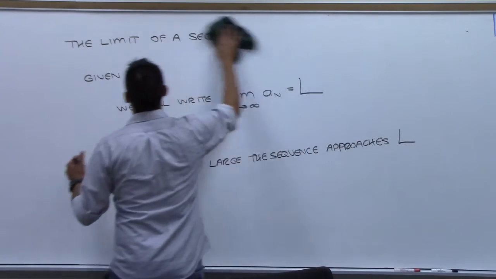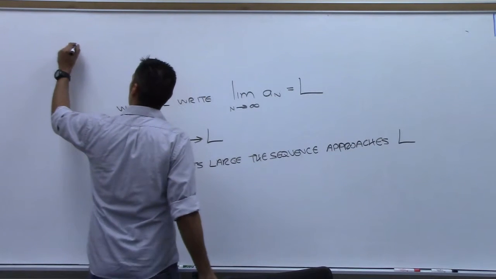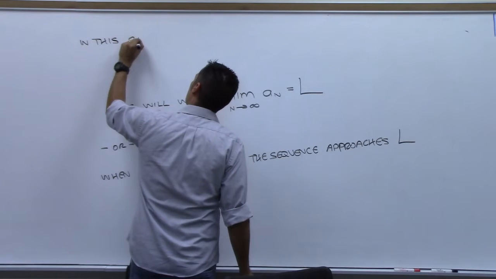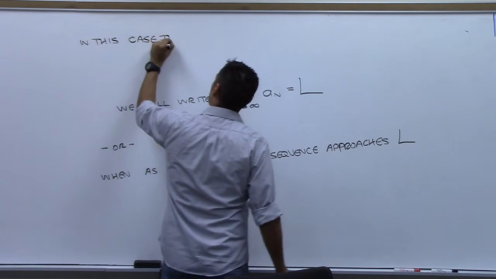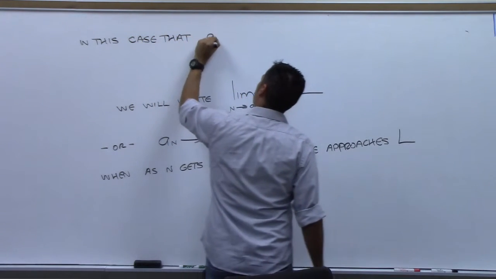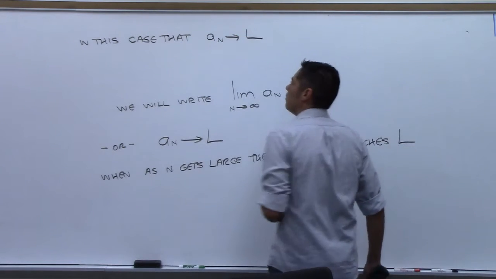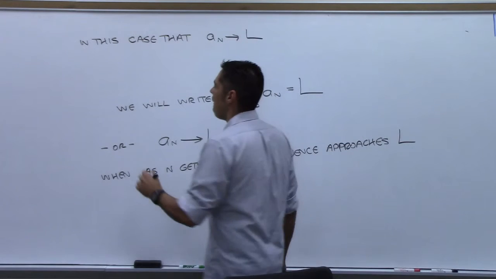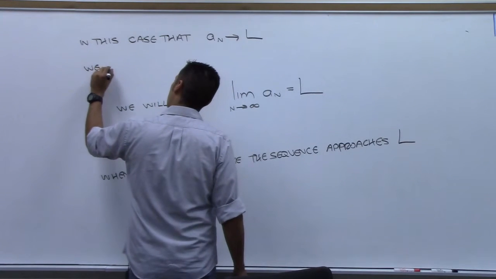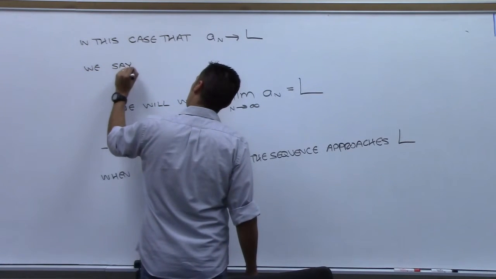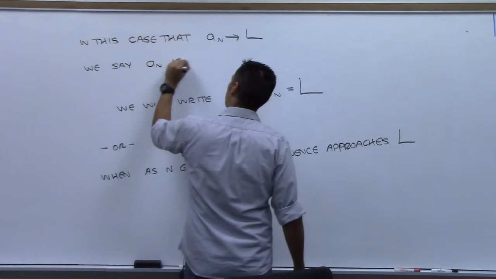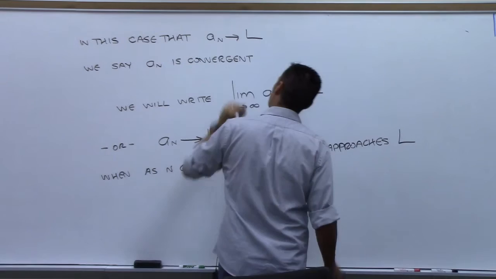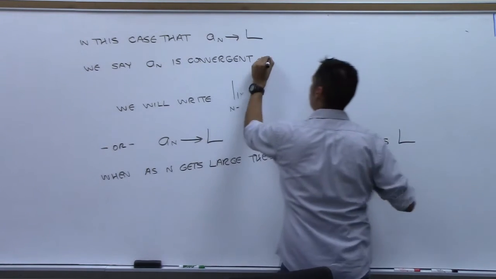Continuing this. In this case, that a sub n goes to L, okay? In the case that this actually happens, we say a sub n is convergent, or it converges.